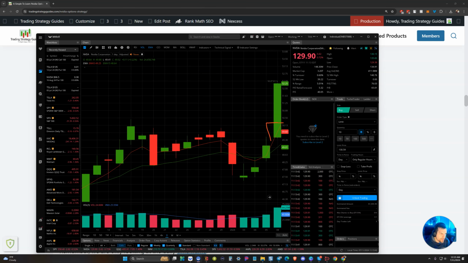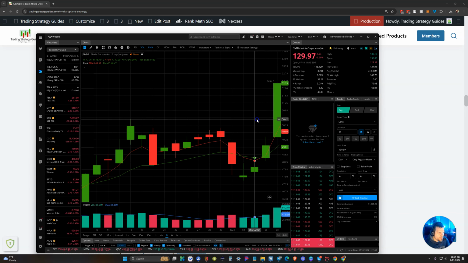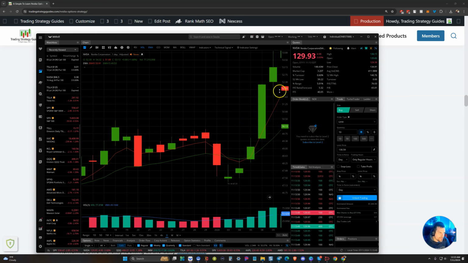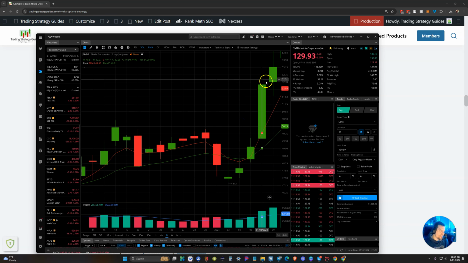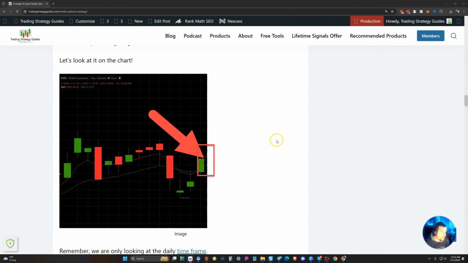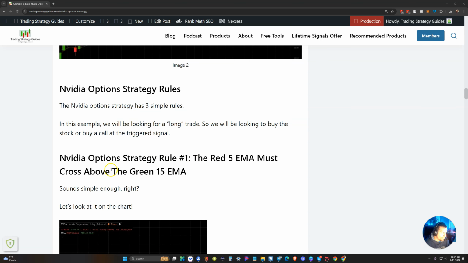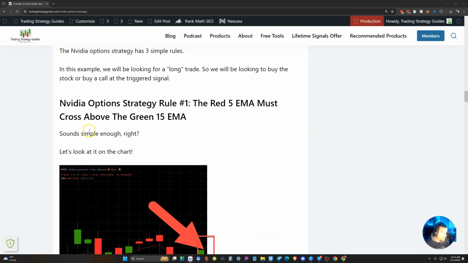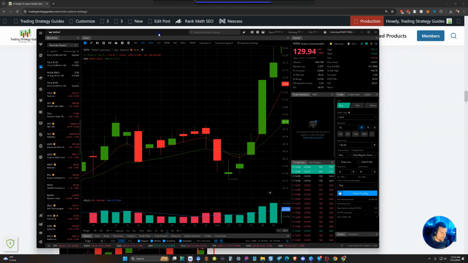The moving average is still right here, so that is not where we want to go. We want to wait for the next one. This one is above it, but it didn't close above it, and that's what we want for an entry condition. So rule number 1, the red EMA must be above. I'm actually getting one step ahead of myself, because what we really want to see is this right here. The first step is this right here.